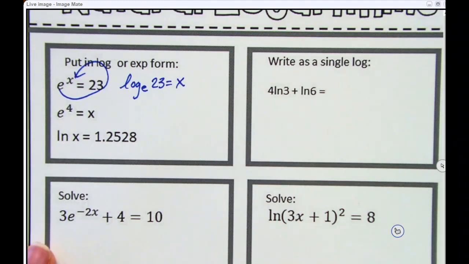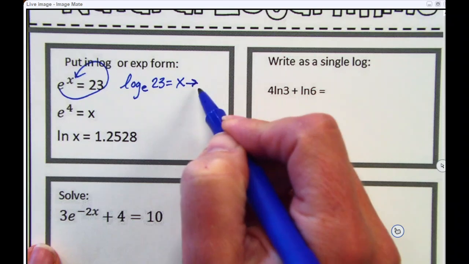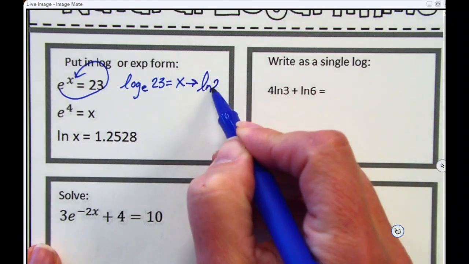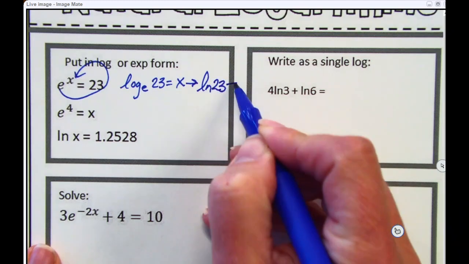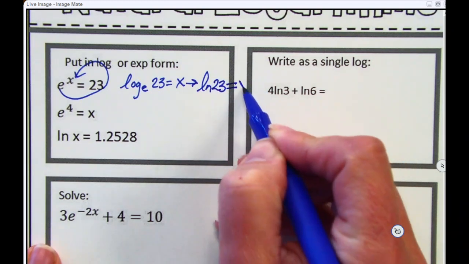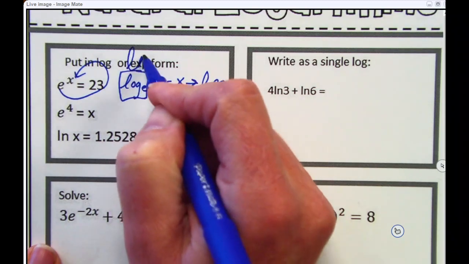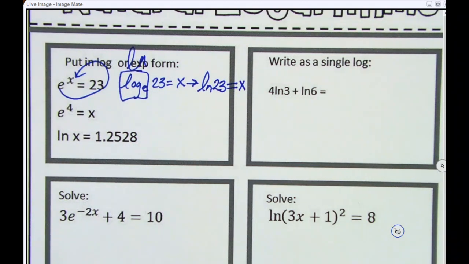Are we going to write log base e though? No. What are we really going to write? ln of 23 equals x. So the e just goes away? Log base e by definition is ln. That's what it is. It is the natural logarithm.